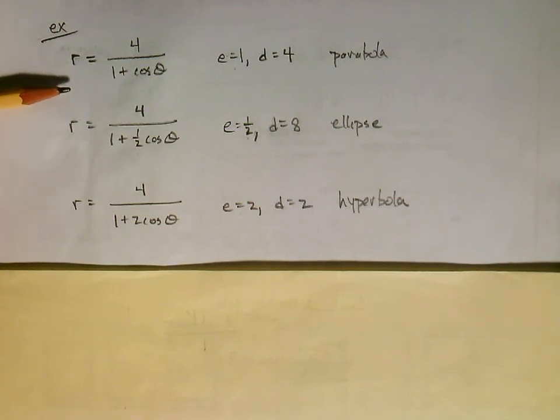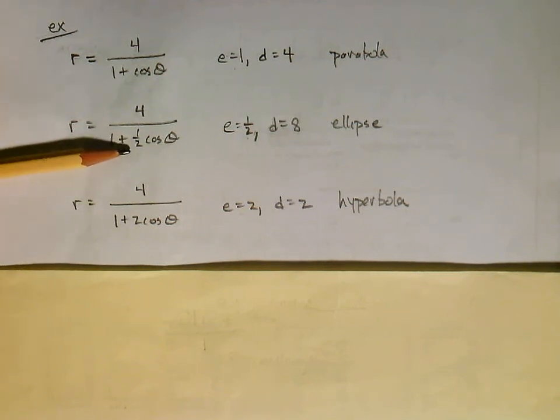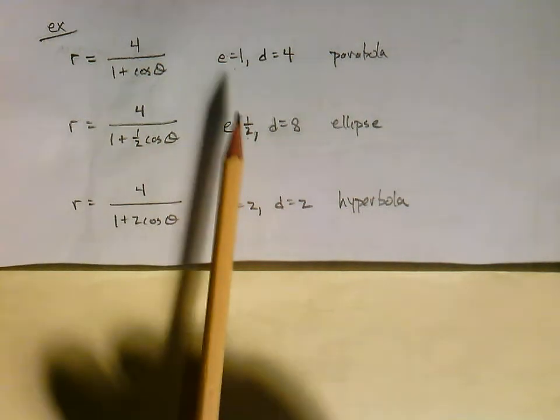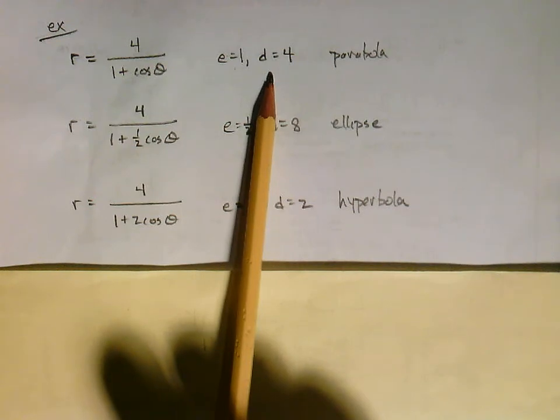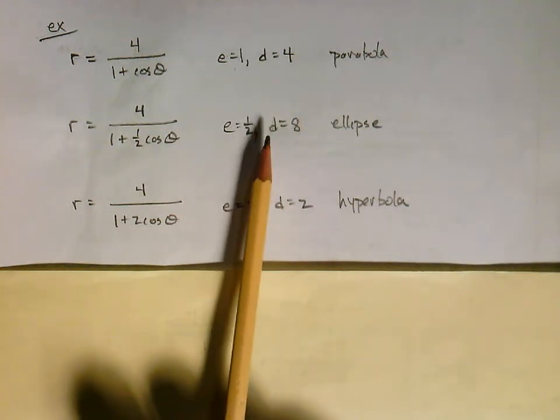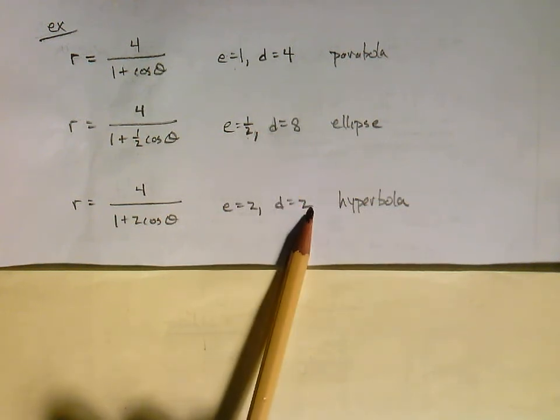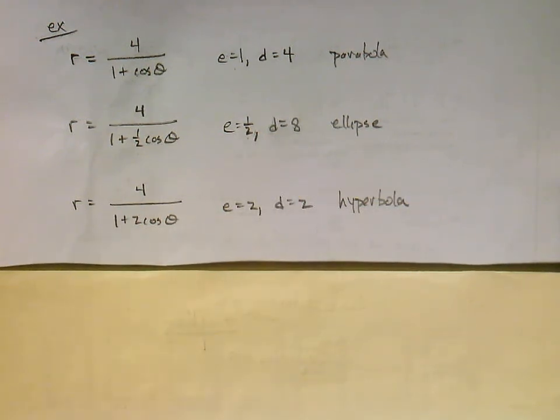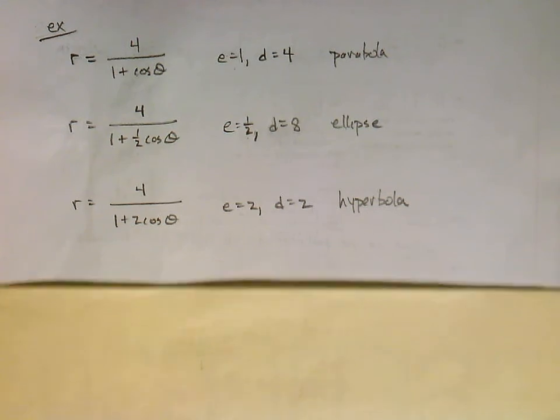The focus will always be at the origin, or at the pole. Then go and put a 1/2 right there, and take a look at the ellipse. You could graph the directrix as well, right? That would be x equals 4 is the directrix, x equals 8, x equals 2. Check it out for each one of those, and I will see you guys in the next video.